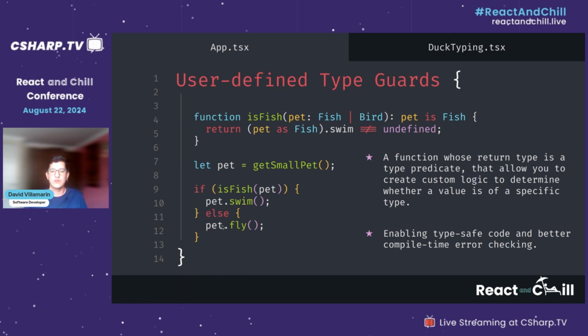So we can assume that we can execute this fly function here. So basically, type guards enable type safety for code and better compile time error checking. So yeah, this improves our development experience.